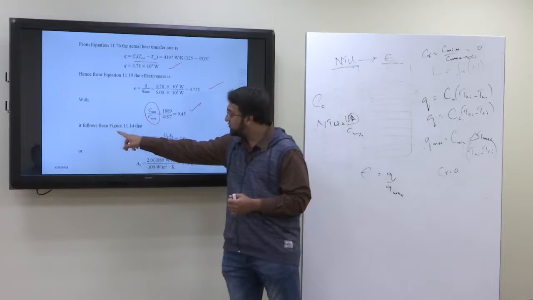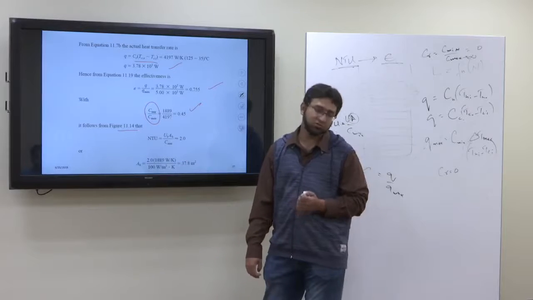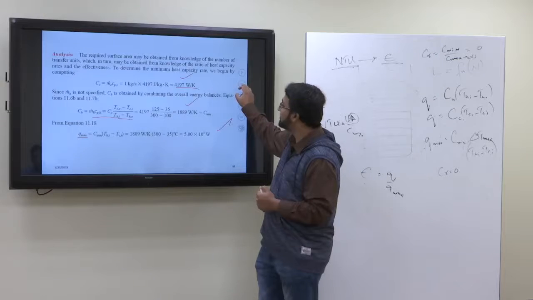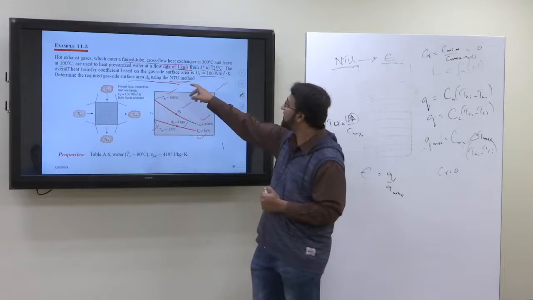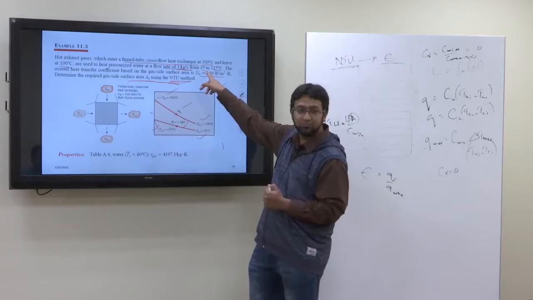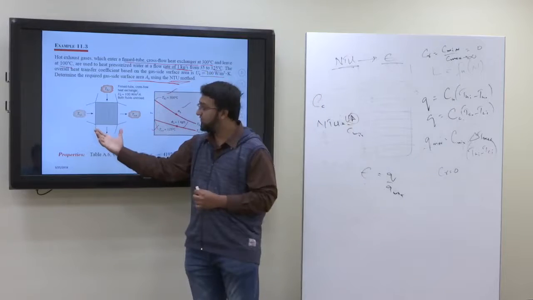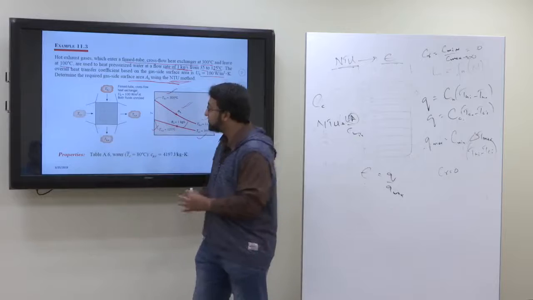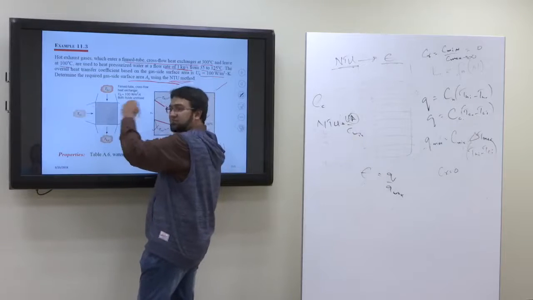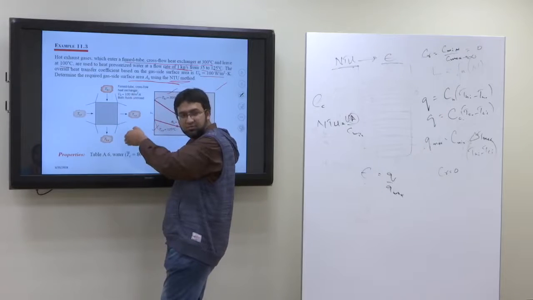Now we can go into figure 11.14 or use the equation. If you go to figure 11.14, because you have a fin tube cross flow heat exchanger, you can see the figure here. You see there are lines in the figure.